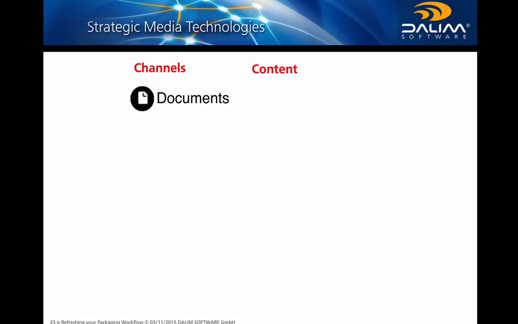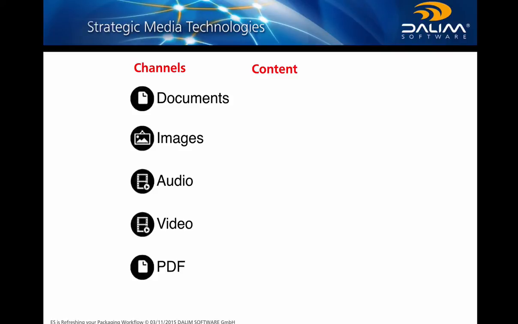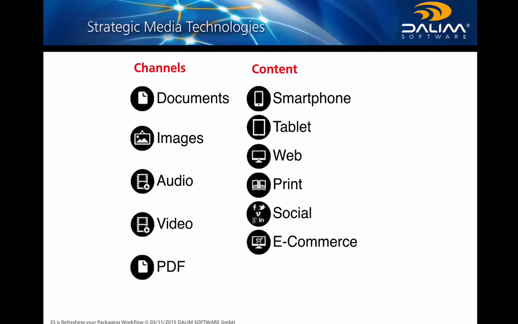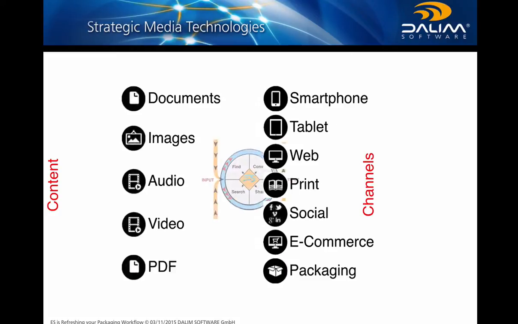We have different channels, and these channels have to be able to handle documents, images, audio, video, so a wide range of assets, and of course PDF. In the meantime, you have to distribute all these assets in different contexts: smartphone, tablets, web, print, social, e-commerce, and packaging.